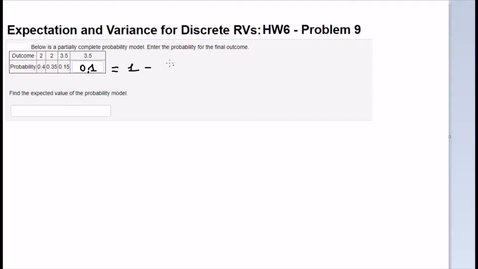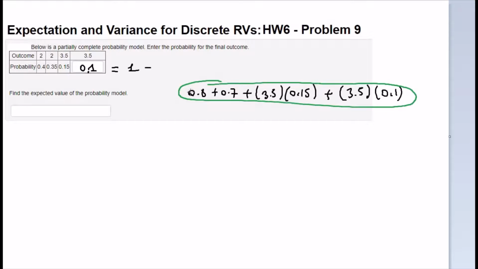So 2 times 0.4, which is 0.8, 2 times 0.35, which is 0.7, plus 3.5 times 0.15, plus 3.5 times 0.1. And this is going to be the answer for the expected value.